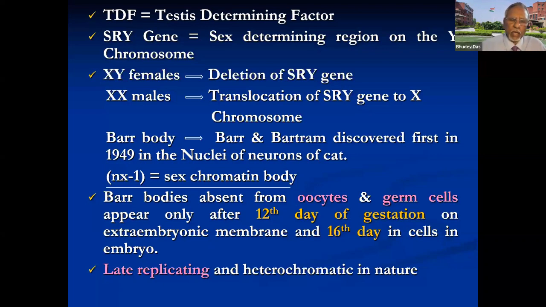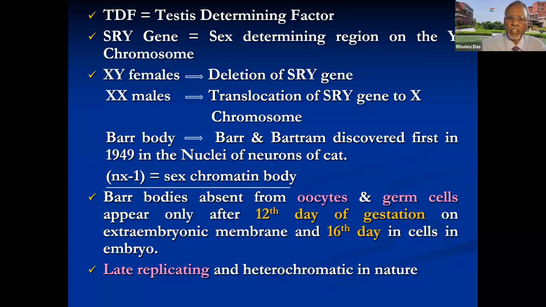About 60% will show the Barr body, not 100%, in adult females. But if it is less than 5% or around 5 or 6%, then you can think of primary amenorrhea and a lot of other problems, maybe Turner syndrome.